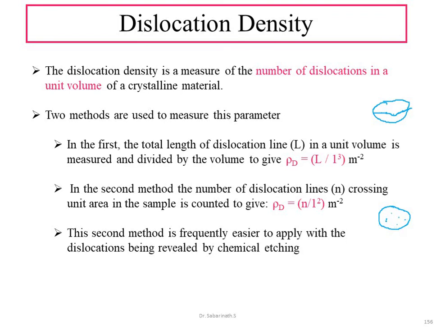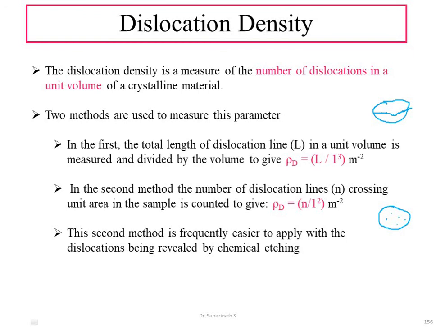So 5 dislocations divided by the total area of that particular portion will give the dislocation density. The second one is the most commonly used technique. With this dislocation density, we can find the strength of these structures and the applications in which they can be used.